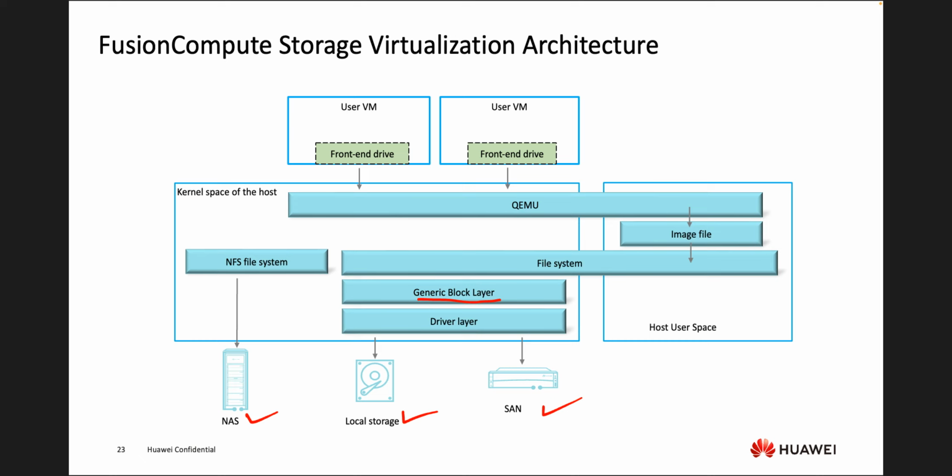That creates the whole pathway to the file system, where you have the files that get stored. You may have image files stored on the file system, which is seen as a QEMU, like an emulator, and that runs on the VM. That's the front-end device that connects to it. So the file systems are created on the storage devices, and to create a file system, the host formats that device and writes the metadata, which gets stored in the file system.